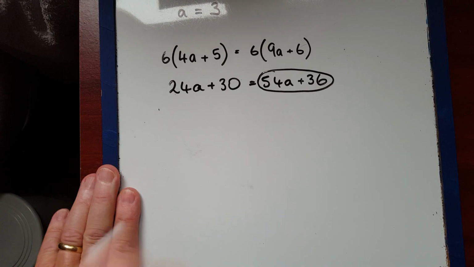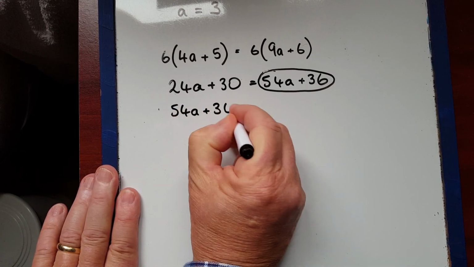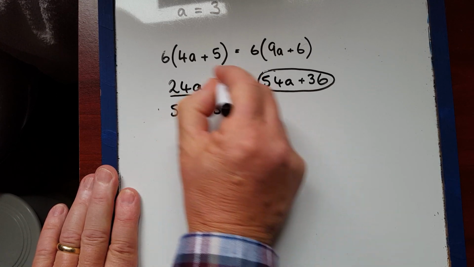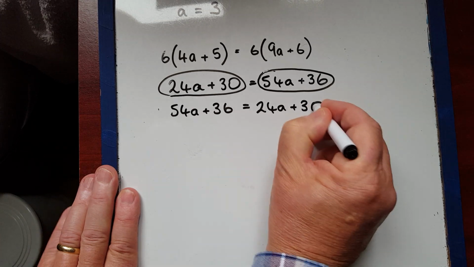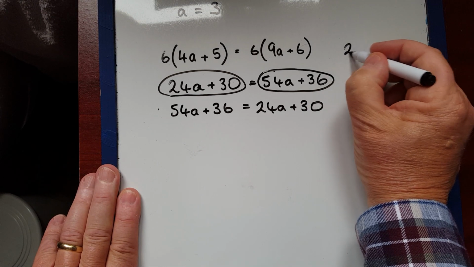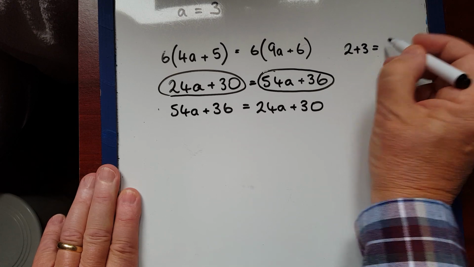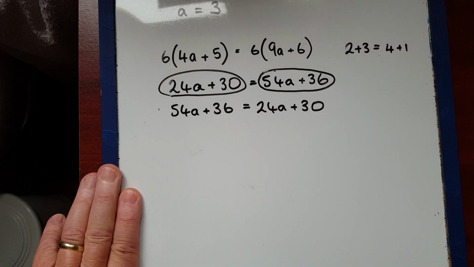All of that there is going to go on the first side, and all of this is going to go on the second side. Now, if you're wondering why haven't we started doing negatives and things, think of it on much simpler numbers. Let's imagine 2 plus 3 equals 4 plus 1. They both make 5, don't they?